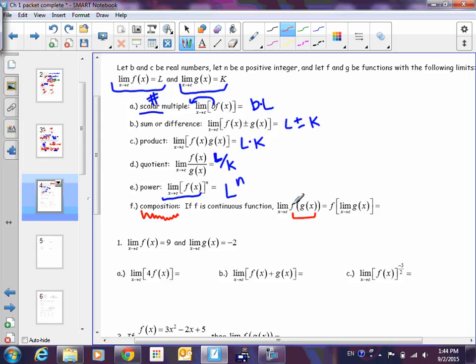What we can do instead is take f out so that it's at the beginning, and do f of the limit of the inner function. So you take the limit of the inner function and then just do f of that number. I can see up here that that limit was k, so this all turns into f of k.